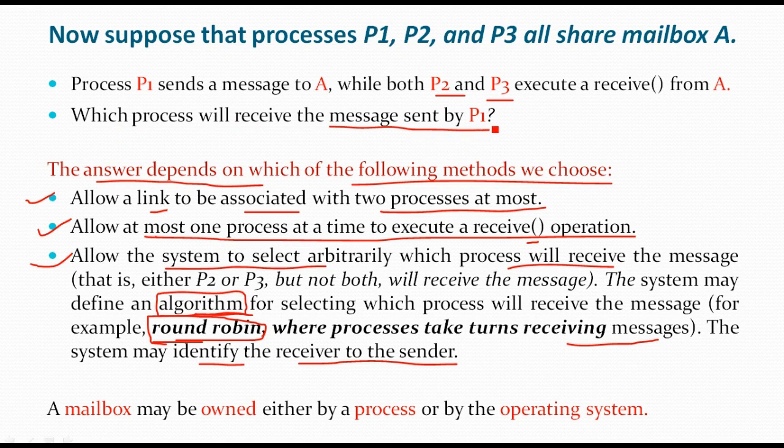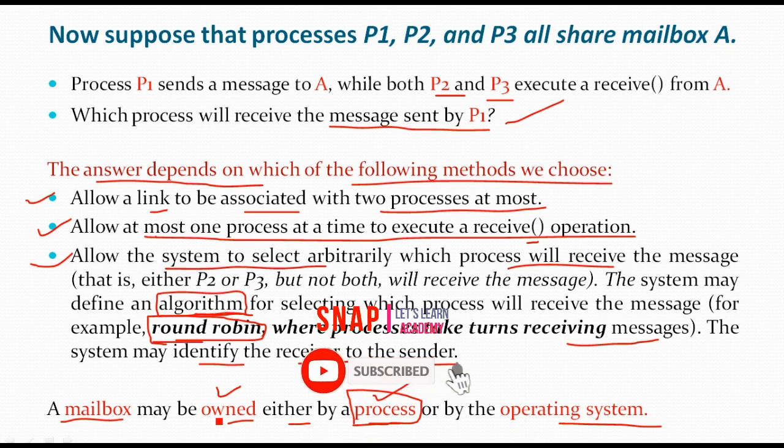Okay. Now the mailbox may be owned either by a process or by the operating system. If it is owned by the process, it can be created and it can be terminated.